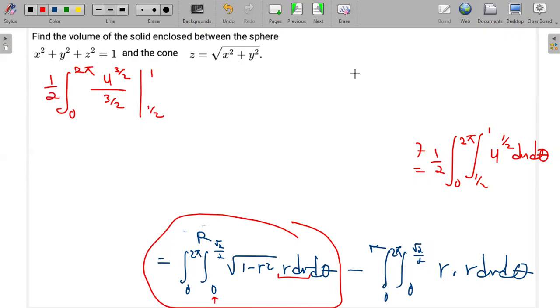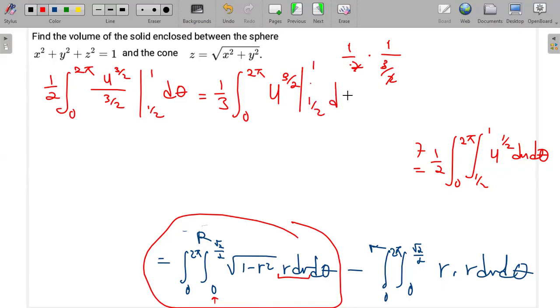It's 1 over 2 multiplied by 1 over 3 over 2, so this 2 and this 2 cancel out. Outside the integral, let me not forget the d theta, what I have now is 1 over 3, from 0 to 2 pi. I've already dealt with the one I had outside. I just have u to the power 3 over 2, with limits 1 and half, and then d theta.